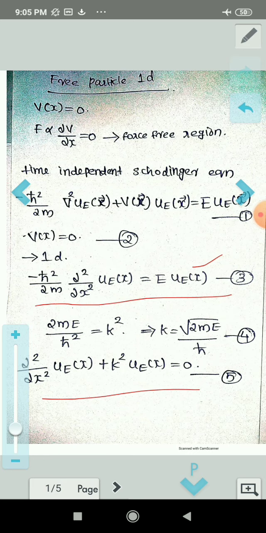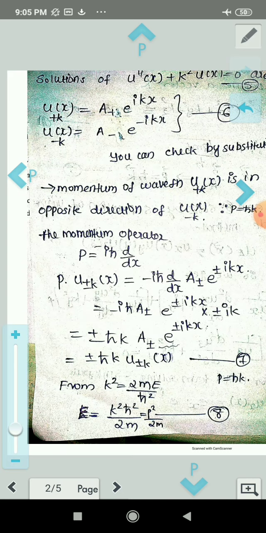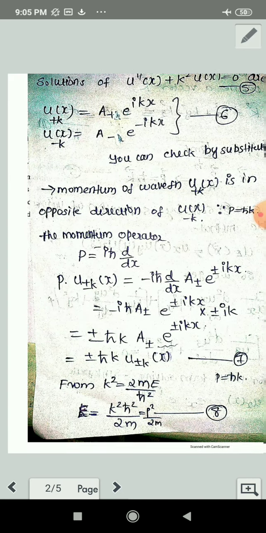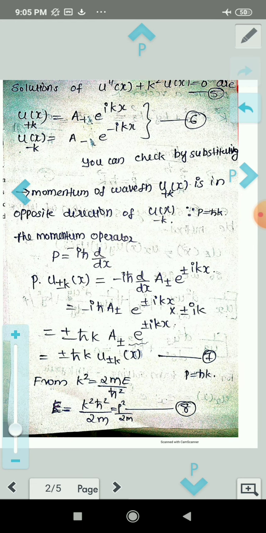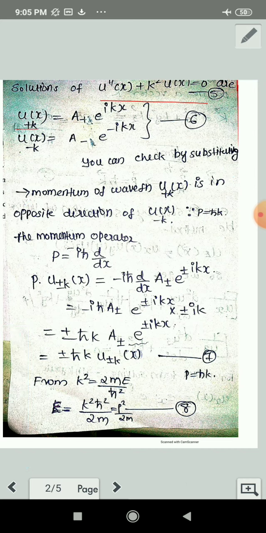So we can rewrite equation 5 as u double dash of x plus k square u of x is equal to 0. Okay, so the solution to this equation is what?